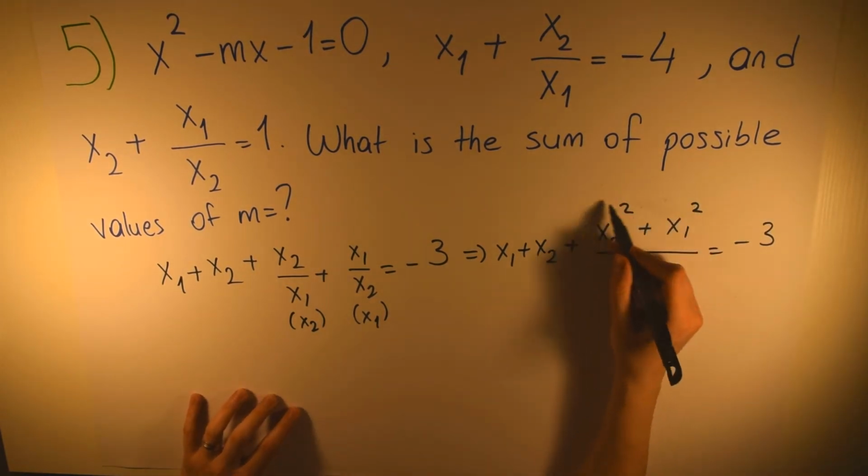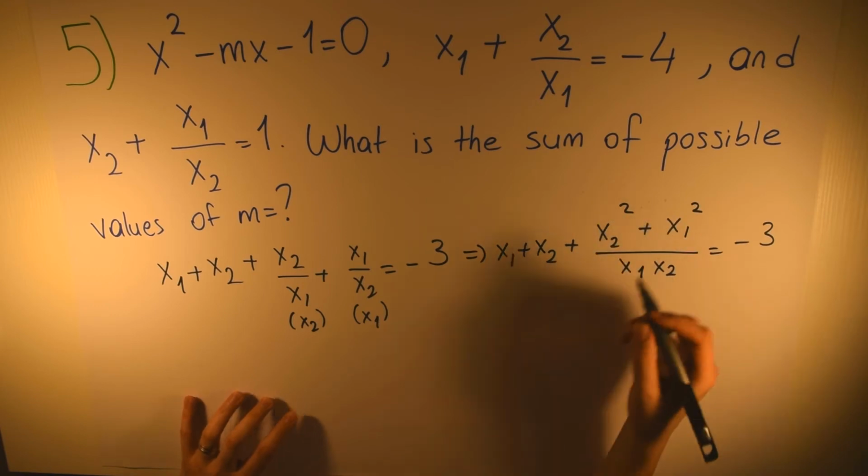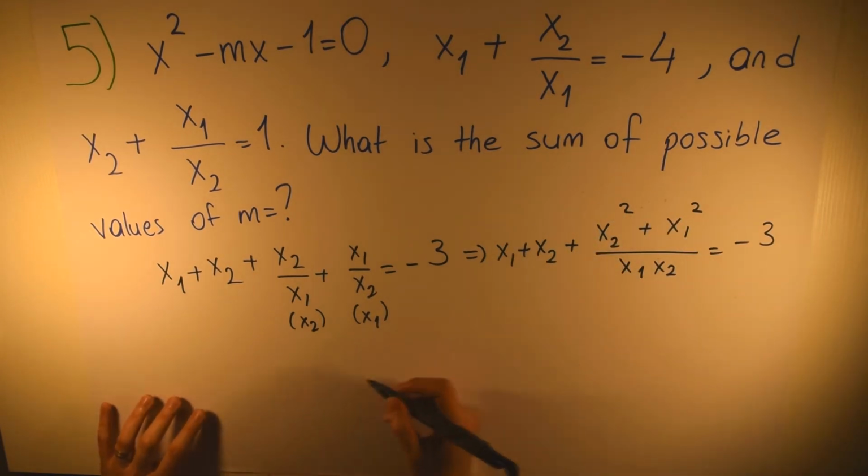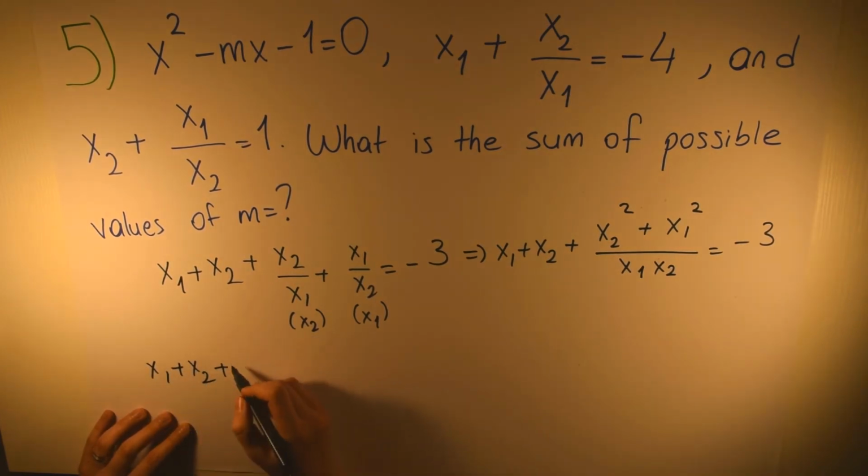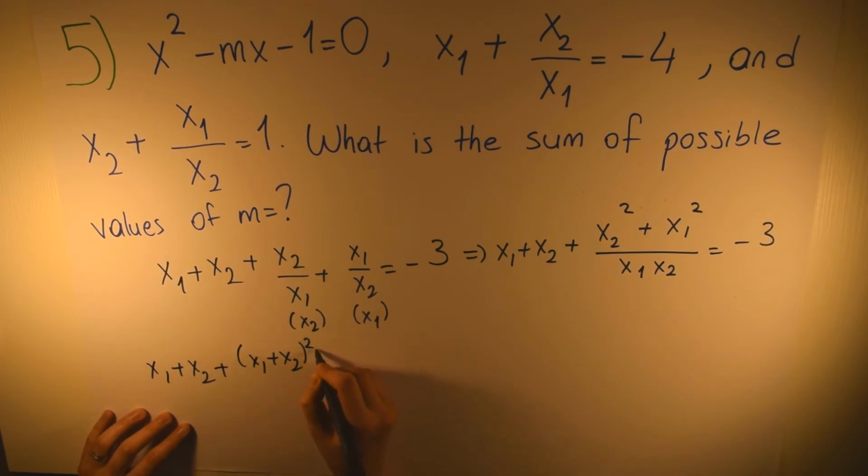So this expression, I can write this as, how can I write this? Let me write this here, x1 plus x2 plus, it is (x1 plus x2) squared minus 2x1 x2, over x1 times x2.